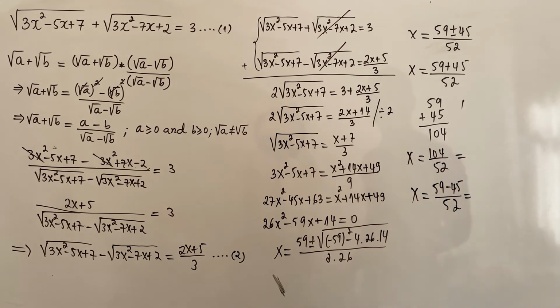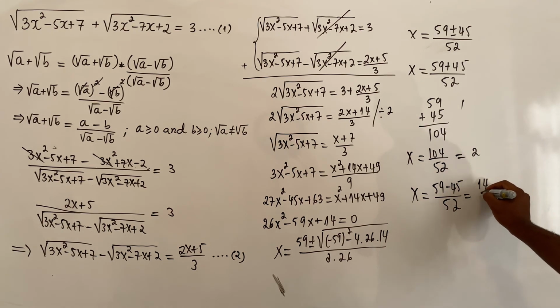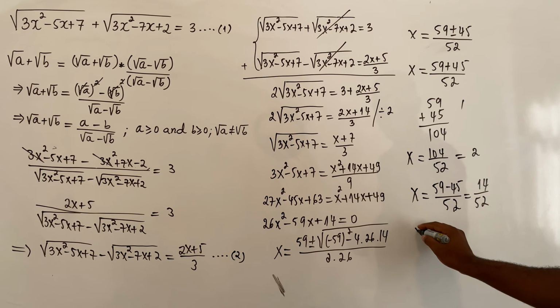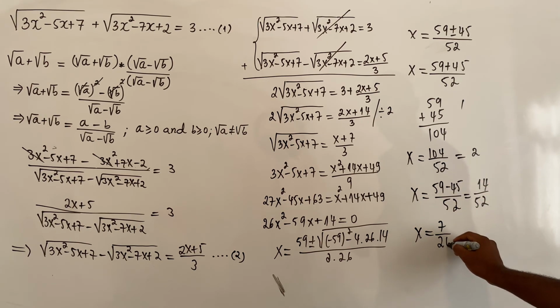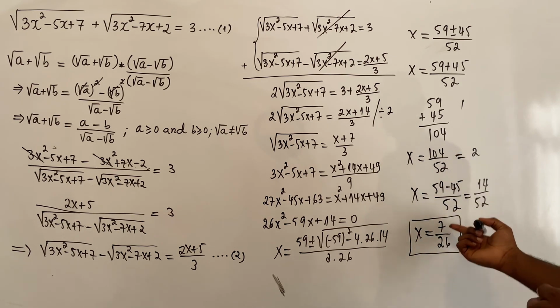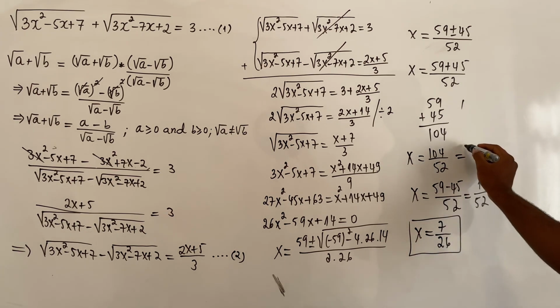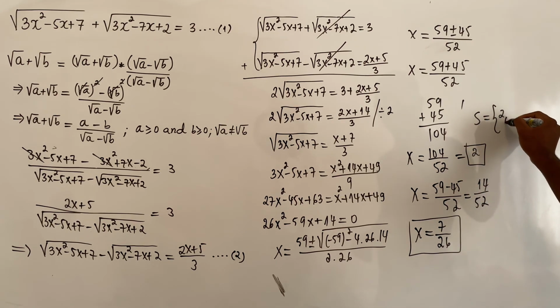All right. So the final answer here will be 2, and here will be 14 over 52. Simplifying by 2, it is 7 over 26. So you have those two answers, x equal to 7 over 26, and x equal to 2.